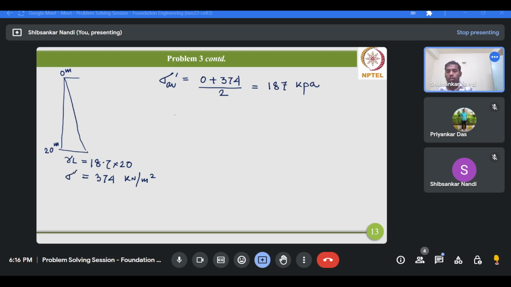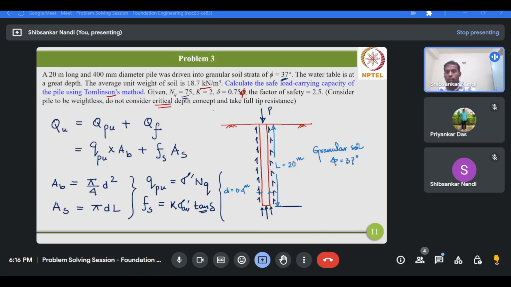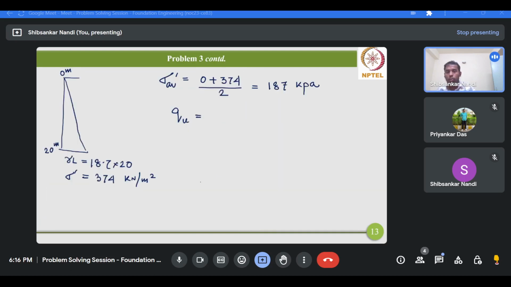So therefore this QPU will be NQ times sigma prime.